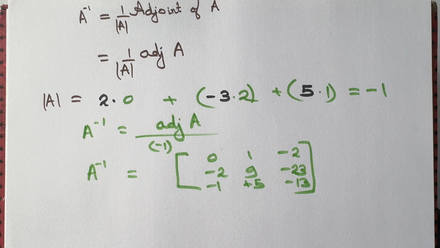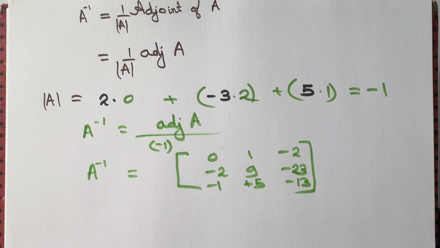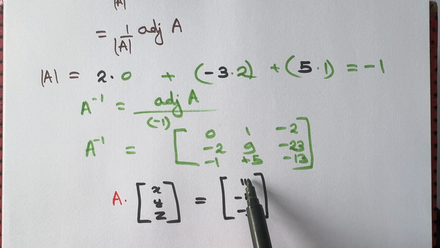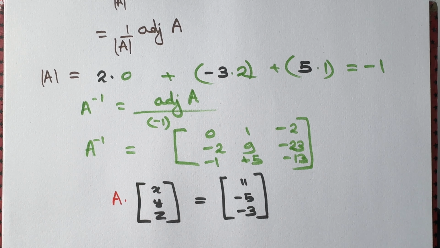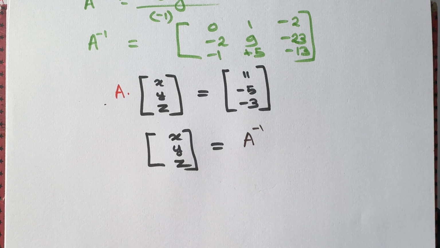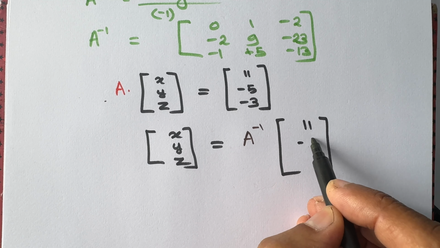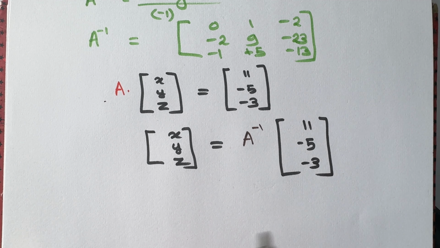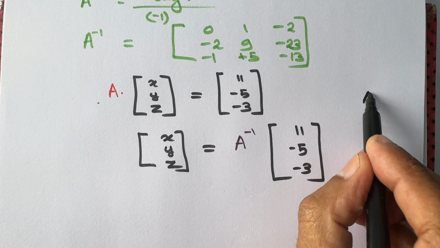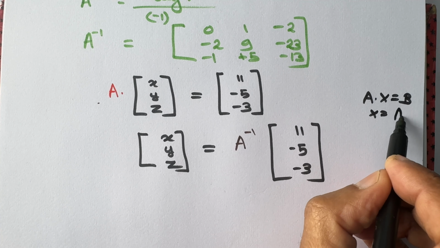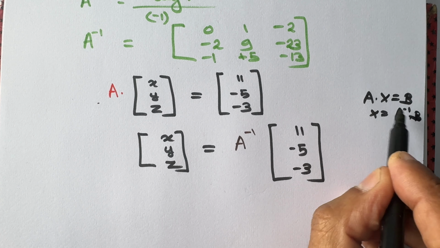The system of equation can be written as A multiplied with the column matrix x, y, z equal to column matrix 11, minus 5, minus 3. If we multiply by A inverse from the left, then we get x, y, z equal to multiplication of A inverse with 11, minus 5, minus 3. We're simply saying that if Ax equal to B, then x must be equal to A inverse times B.